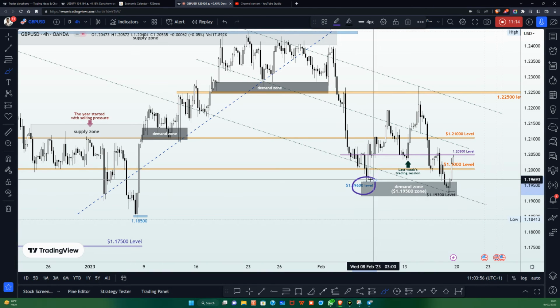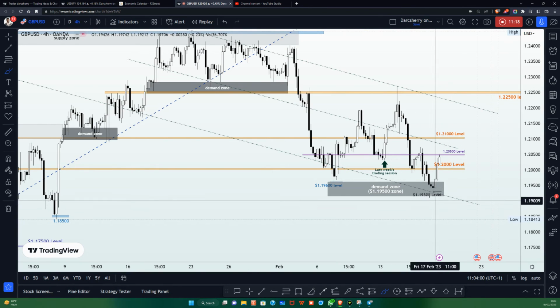So we saw the first rejection during the first week of this month, and during last week's trading session, we saw another bullish momentum resume right along the support level of that descending channel to further emphasize the strength of the buyers at this point.